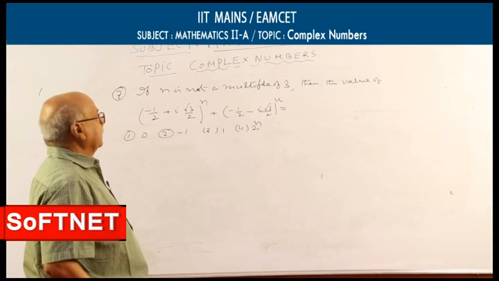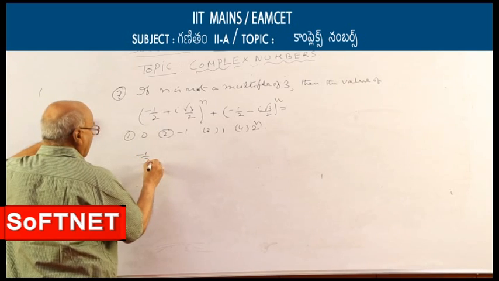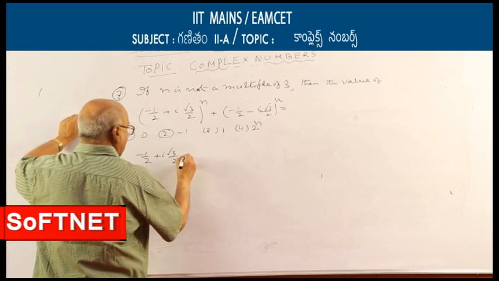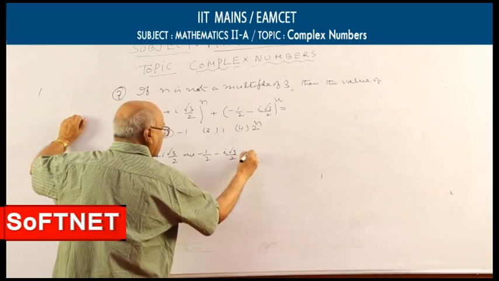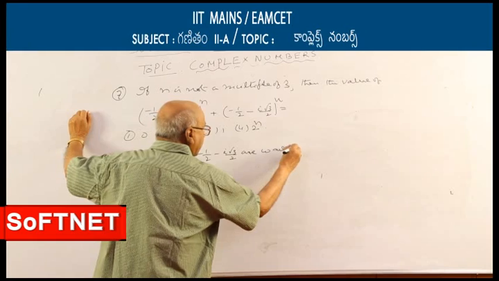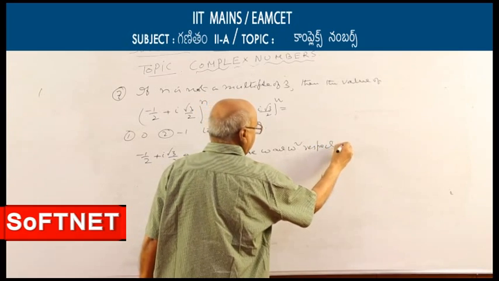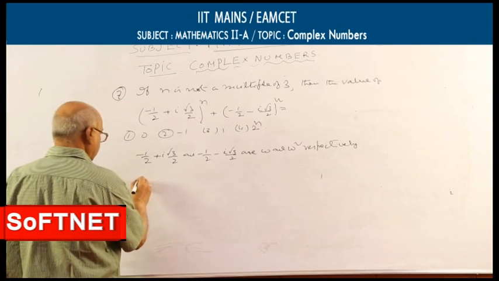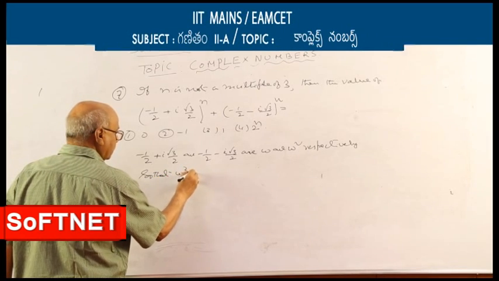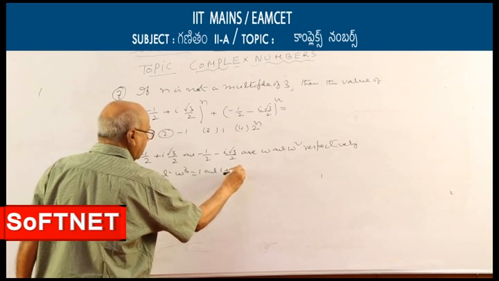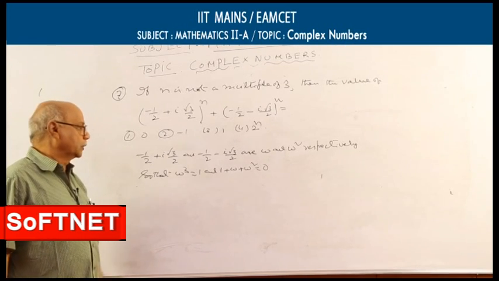And just now I told you the property of the cube root of unity. And you know that minus half plus i root 3 by 2 and minus half minus i root 3 by 2 are omega and omega square respectively, so that omega cubed is equal to 1 and 1 plus omega plus omega square is equal to 0.